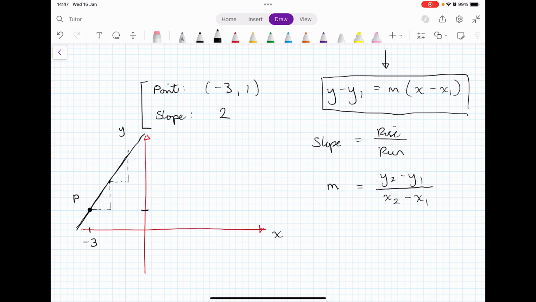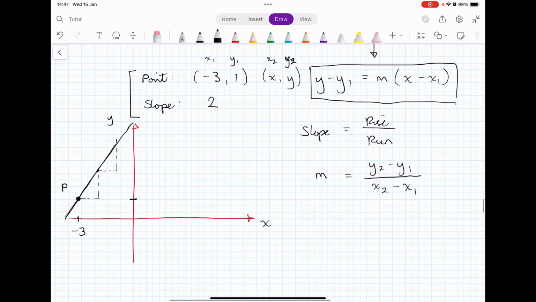In this case, we know the slope, so m is equal to 2. We have 1 point, so we can use that point as x1 and y1. Because we only have 1 point, we can say the second point has an x coordinate of x and a y coordinate of y, and we use these as x2 and y2.